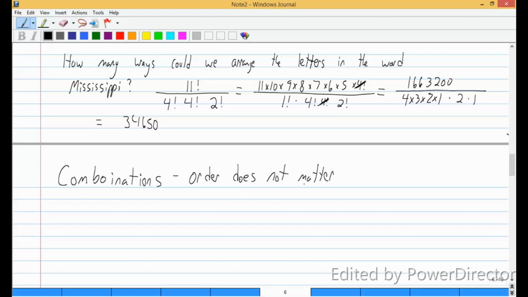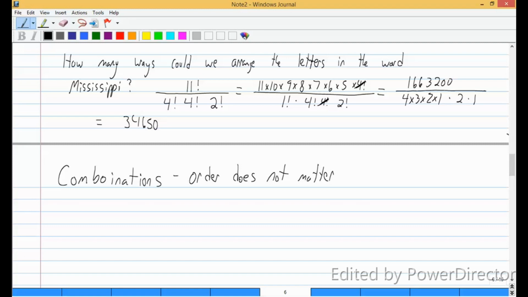We run into this a lot of times if we're choosing objects or choosing items. For example, if I wanted to choose a group of 3 people in this class, then if I choose, say, John, Sally, and Jeff in that order, or if I choose Sally, Jeff, and then John in that order, that's still the same group.